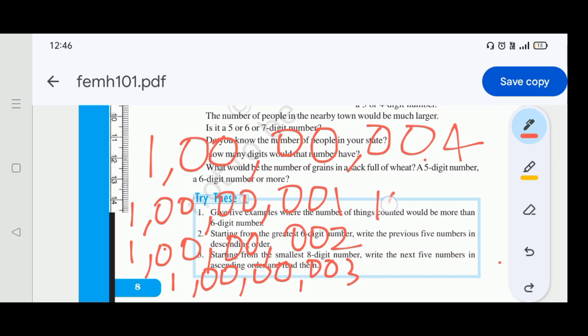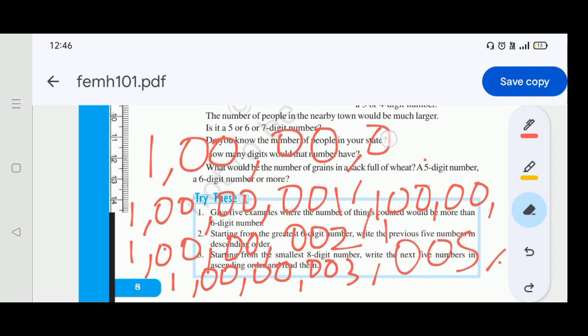And next 1 crore 5. This is the ascending order: 1 crore 1, 1 crore 2, 1 crore 3, 1 crore 4 and 1 crore 5. I have just read it for you.